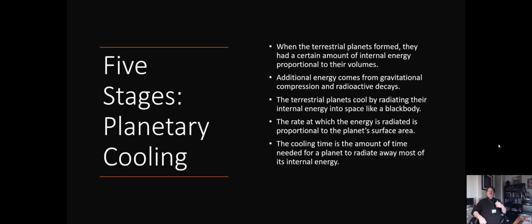The 5 stages of planetary cooling. What we find is that, again, the primary method of heating was accretion and differentiation. Again, you have energy which was imparted into the Earth because of the violent smashing, technical term, of rocks into each other.